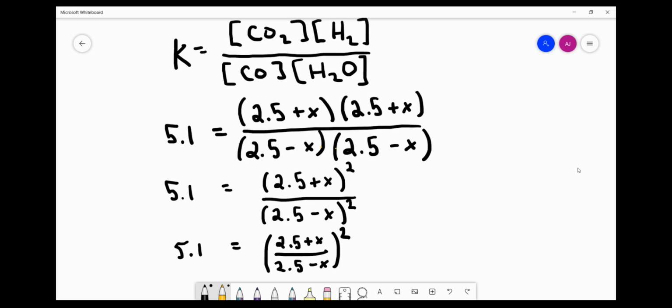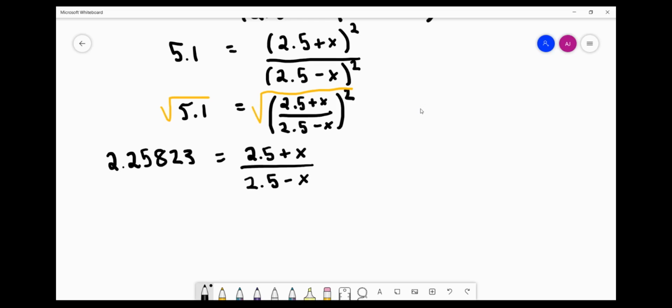Since now we have the entire right side squared, we can reverse that operation by taking the square root of the right-hand side. But because this is an equal sign, we have to do the same operation to the left-hand side to maintain the equivalence. I've taken the square root of both sides, and now I'm going to rearrange this equation and solve for x.